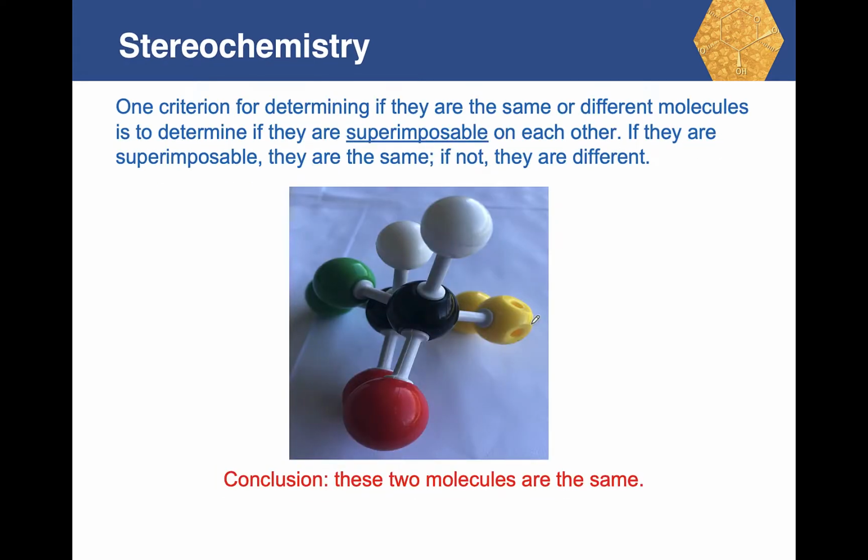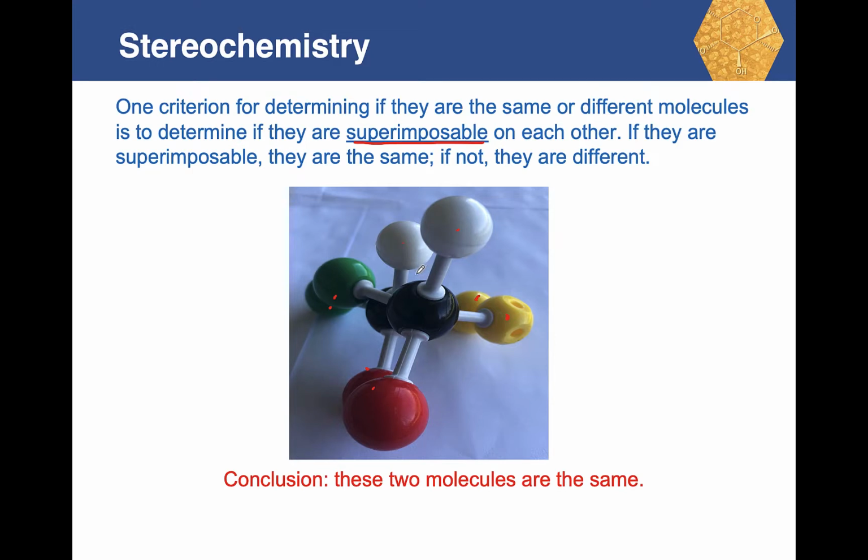The criterion for determining if they are the same or different is if they are superimposable, which means that if you physically take up these 2 molecules, and that's why I'm recommending using your model set, and orient them so that there is complete overlap, green on green, red on red, yellow on yellow, and white on white, they are superimposable.